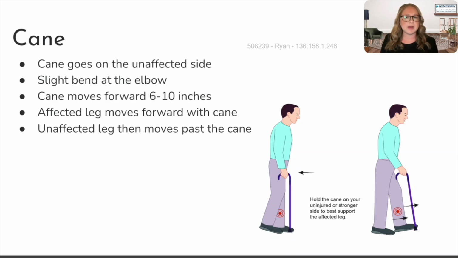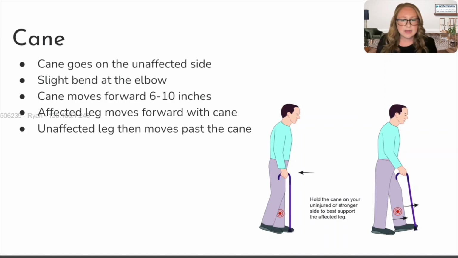So if my right leg is bad, as my right leg goes forward and my left arm swings forward, I'm going to have that cane in my left hand on that unaffected side to provide some balance and support there. It's going to help even everything out. The key difference here compared to the walker: with the walker, we were going walker and then leg, leg.